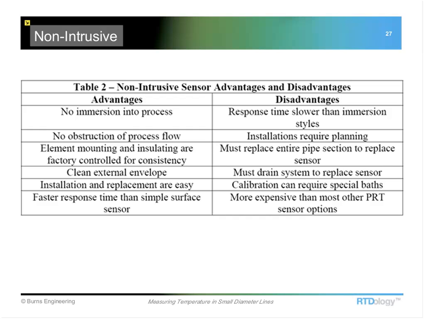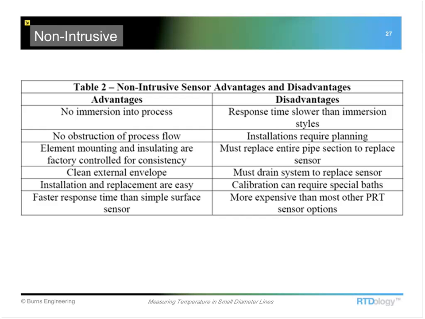The installation, again, much like the elbow thermowell, we have to plan ahead. If you intend to use this, it's a good idea, when you're doing your piping layout, to plan where this is going to go. There's a length requirement, I think about 8 inches, fairly standard for this style. You need a spot to put it.